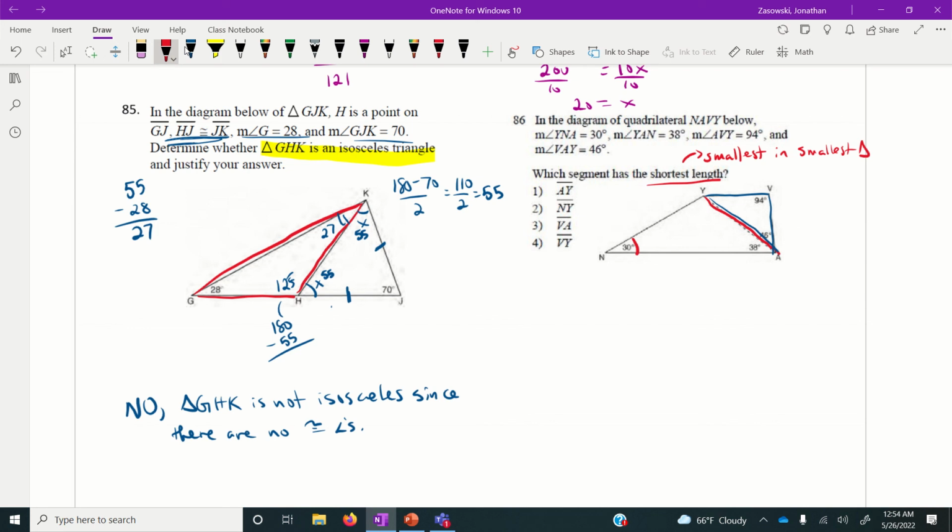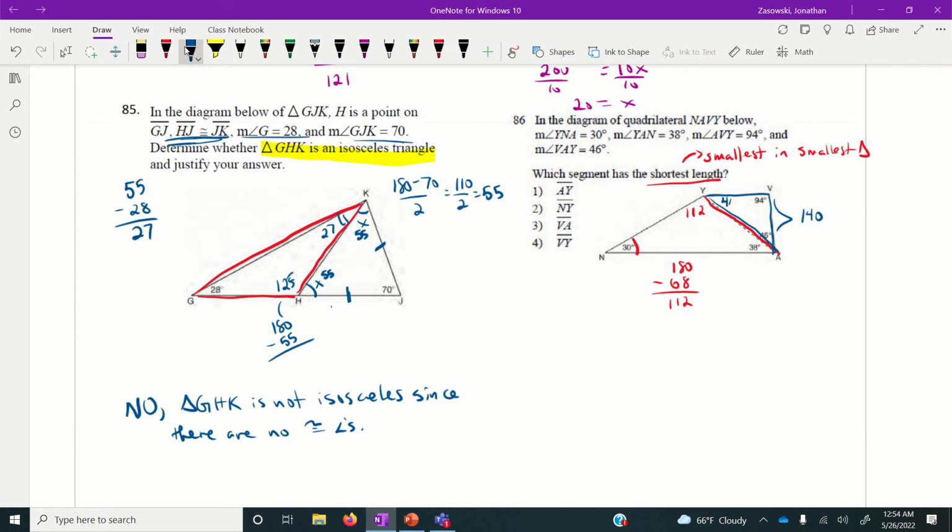So in order to do that, we're going to have to figure out some other angle measures. So we can go ahead and add these two angles together, which is going to give us 68. So 180 minus 68 is going to equal 112. So that'll be the measure of the angle up here at NYA. And then we can also add 94 and 46 together to get 140.